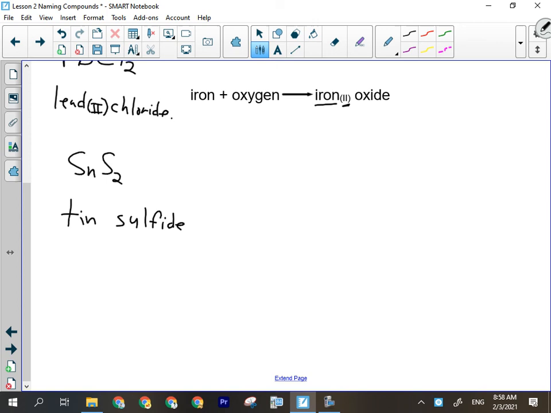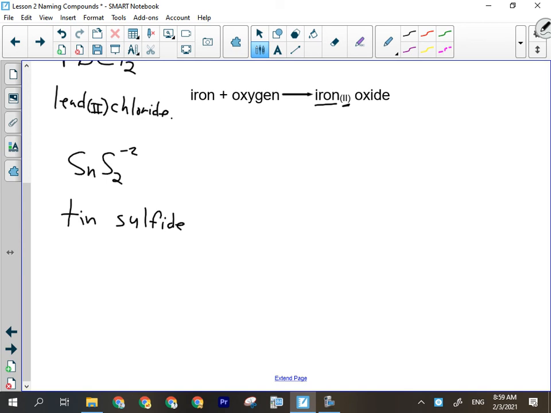And again, we only do this for metals that have more than one possible charge. I don't do this for all metals because I don't need to. Now, what I need to do is figure out which Roman numeral that's going to be, what the charge on tin is going to be. So I look to my non-metal. What's the charge on sulfur? -2. There are 2 sulfurs, each one with a -2 charge.